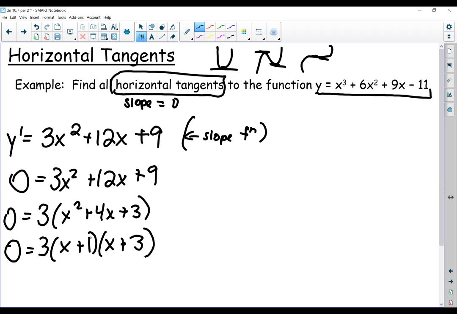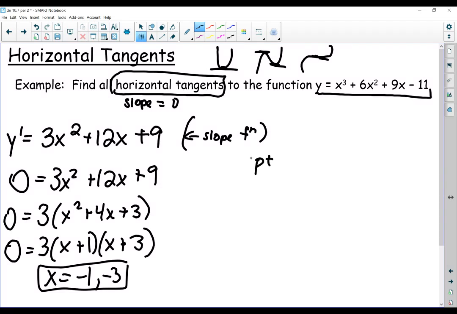I'm going to set each of those expressions equal to 0. 3 is never going to be equal to 0 because it's a constant. But then if I solve this, -1 would make that factor 0 and -3. So there are 2 places where we have horizontal tangents here at x equals -1 and x equals -3.